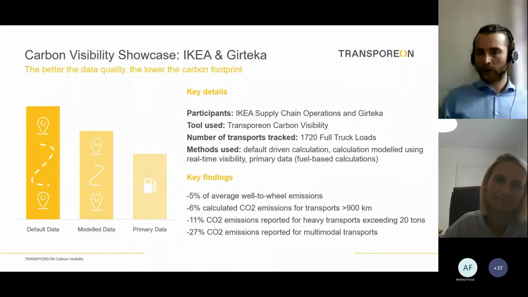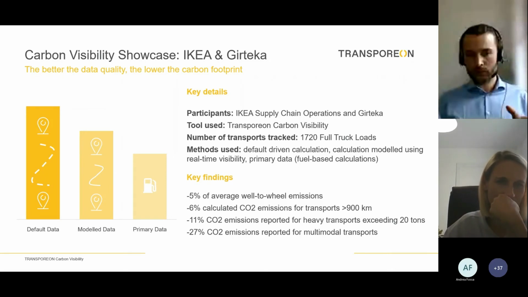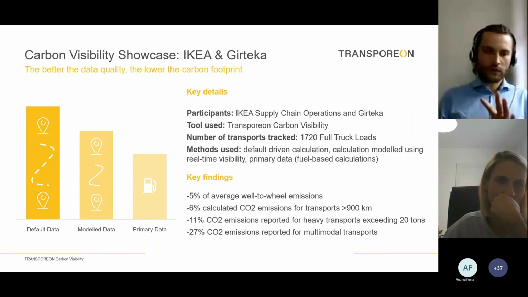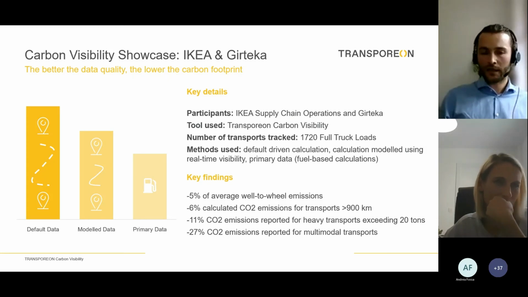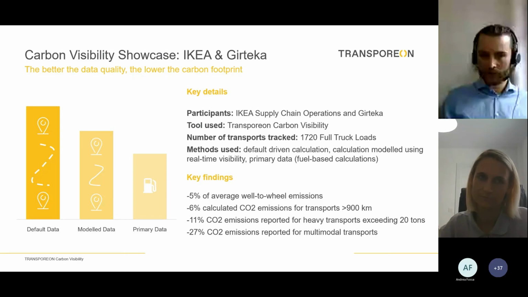But for the carrier, for GTK in this case, they could present themselves as a very well-performing, sustainable carrier. We have actually been able to increase the primary data share up to almost 90% of all these 1,720 transports. And GTK has therewith positioned themselves in a very good position for future business.